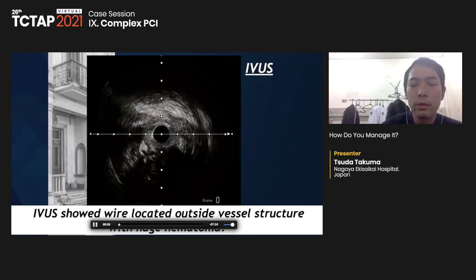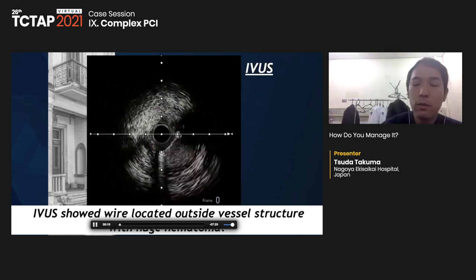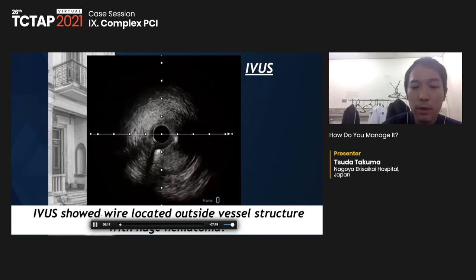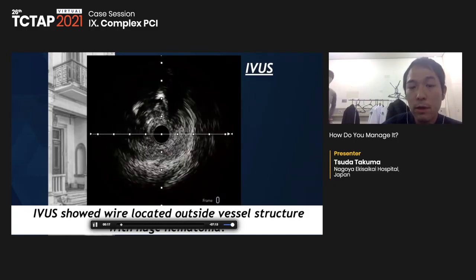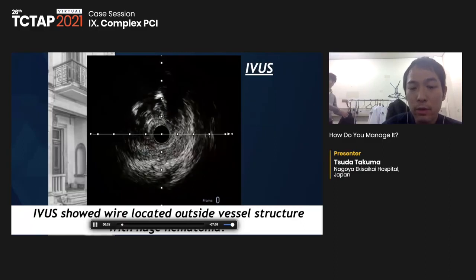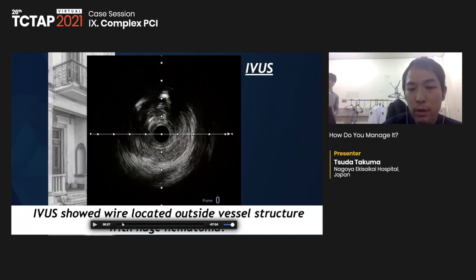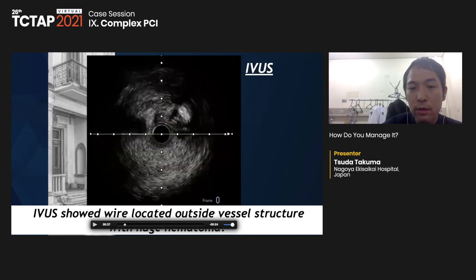Inside the CTO, a very huge hematoma was observed. Furthermore, in a part of the CTO segment, the guide wire exists outside the vessel. You can see like this. The vessel structure was observed at 1 o'clock, so the guide wire exists outside the vessel.